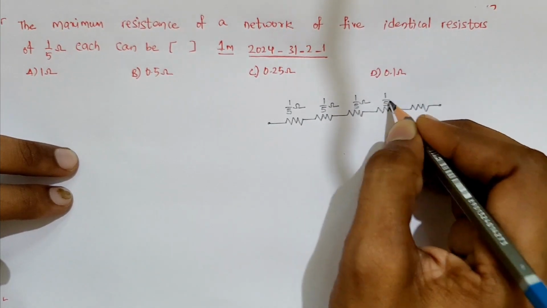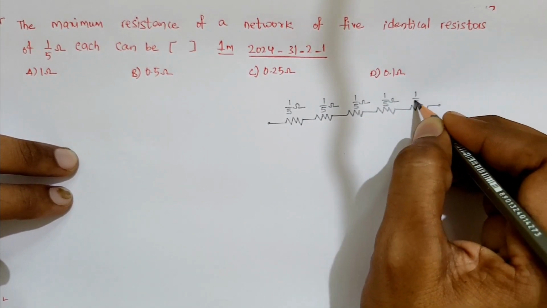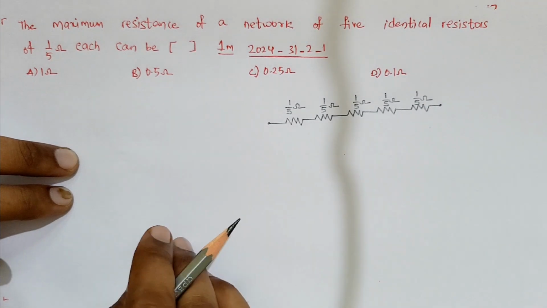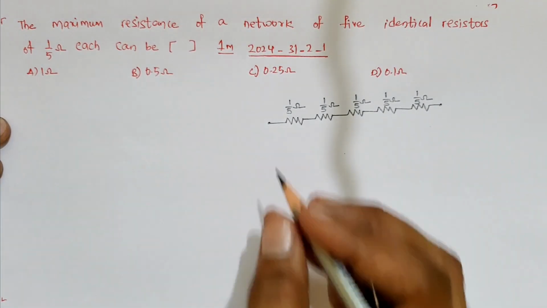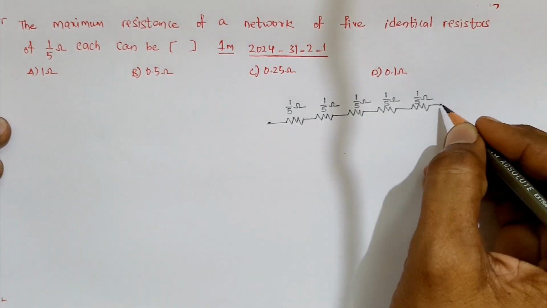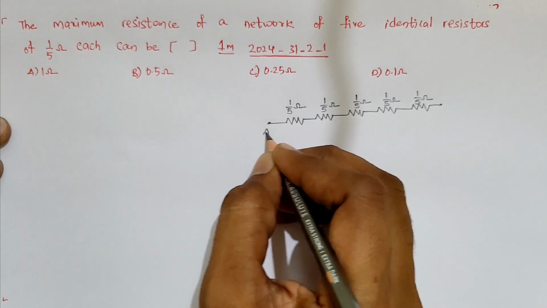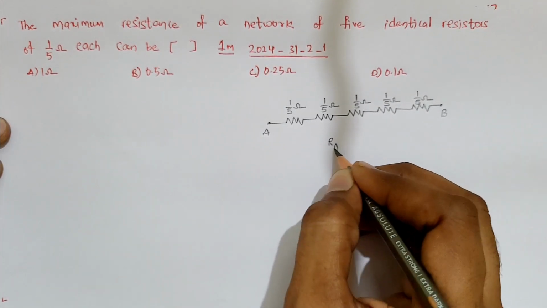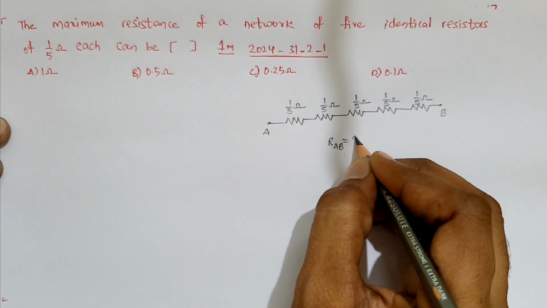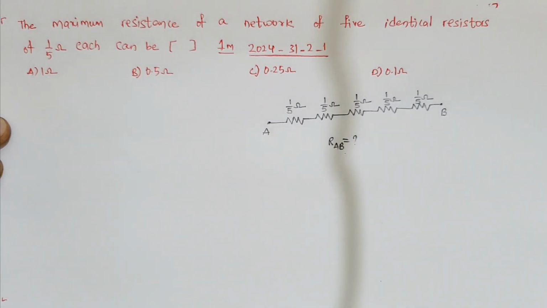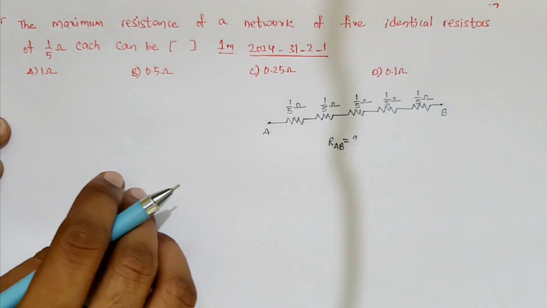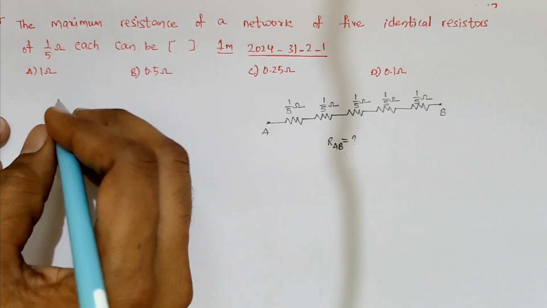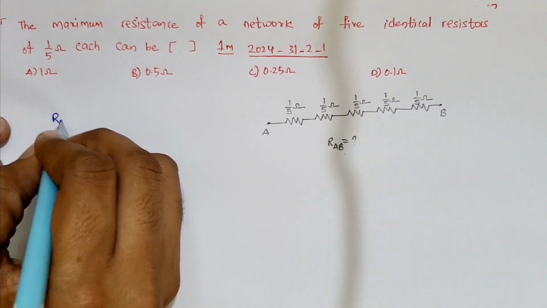So if we connect it like this, each resistance of 1/5 ohm in series, we have to find out the resistance from here to here. If I name this terminal as A and this terminal as B, he is indirectly asking to find the resistance RAB. That is the question. So, when all the resistors are connected in series, what will be the formula for equivalent resistance in series?